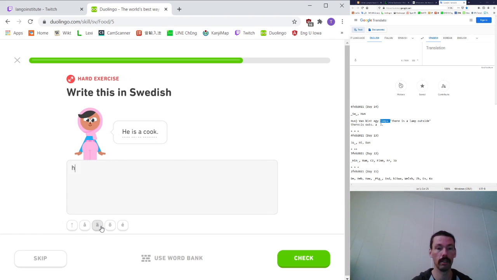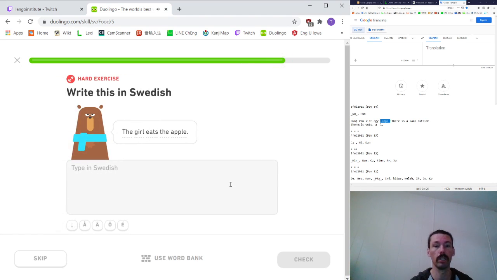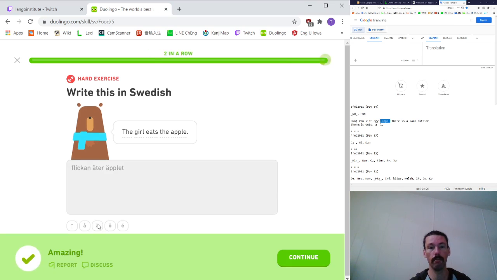Han är cook. A cook. I'm going to leave out the article. Flickan äter äpplet. And the suffix T makes it definite.